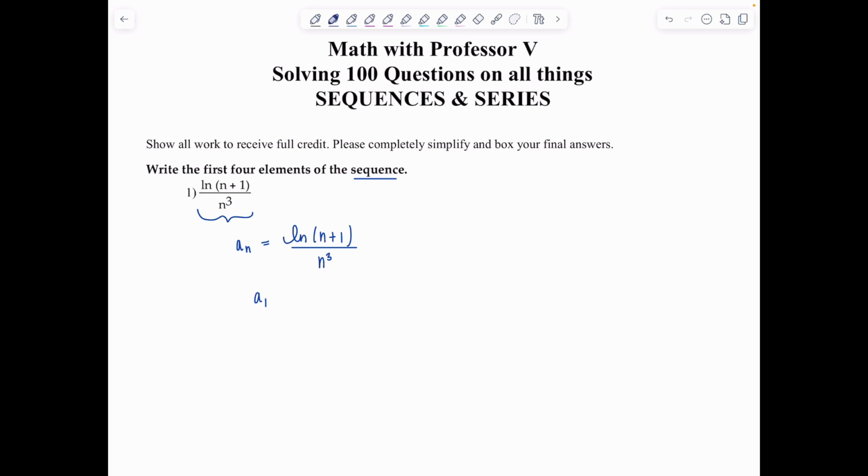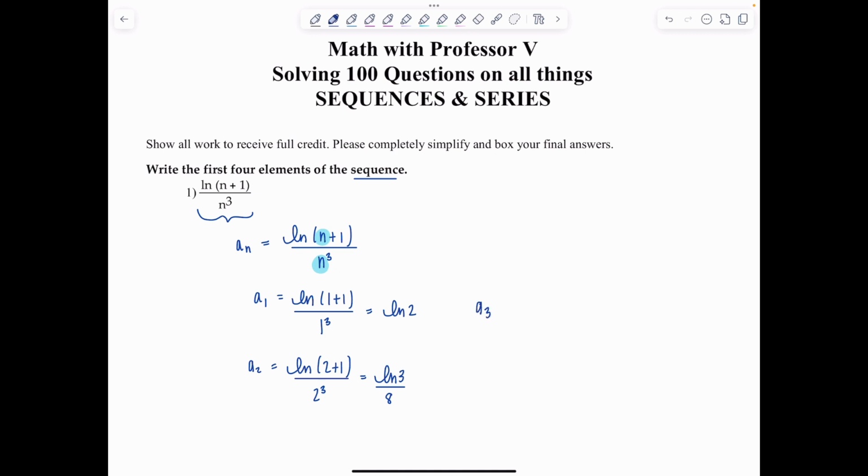So a sub 1 is going to be natural log of 1 plus 1 over 1 cubed. So that's just ln of 2 over 1. A sub 2 is going to be natural log, plugging 2 in now for n, of 2 plus 1 over 2 cubed. So that's ln of 3 over 8.